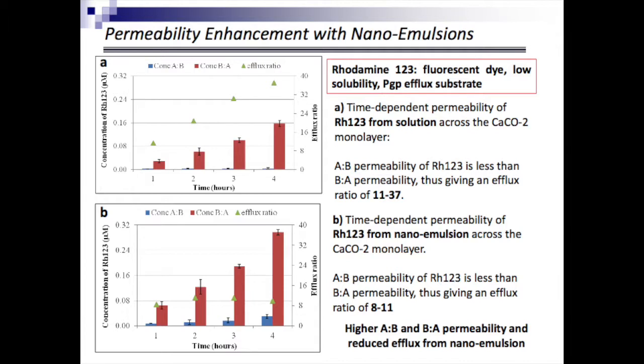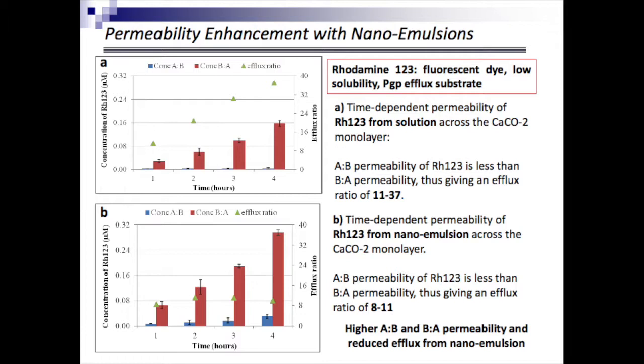And you can see that the red bars are basically transport that's coming from the basolateral to the apical, where there is no efflux transport, whereas the blue bars are the transport that's coming from top to bottom, where there is efflux transporter. So the less transport from A to B means that there is a greater efflux ratio. And that's what you see with solution of rhodamine 123. There's a very high degree of efflux.